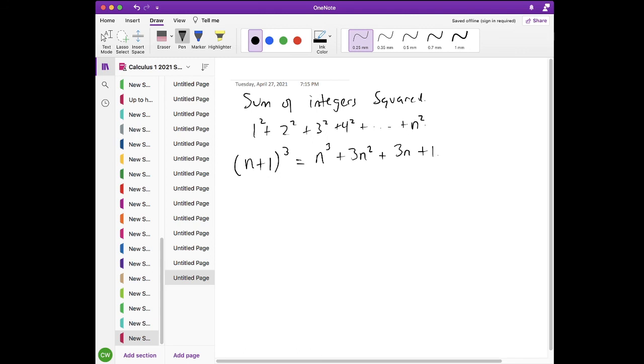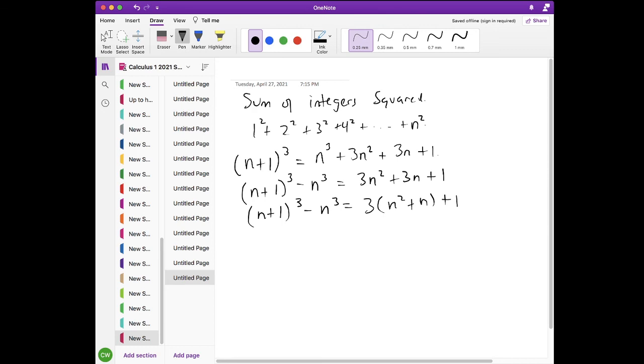So notice if you subtract n cubed on both sides, you get an expression in terms of n squared and n. And we're going to manipulate that fact.